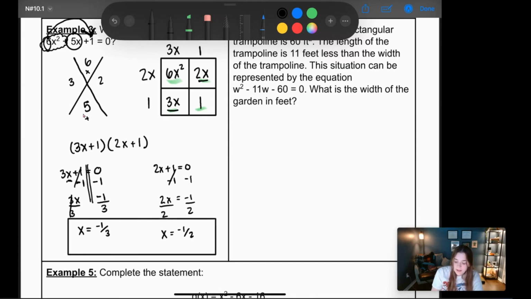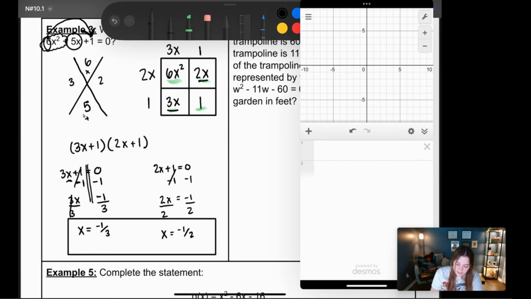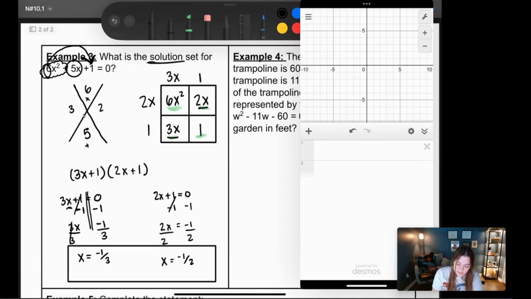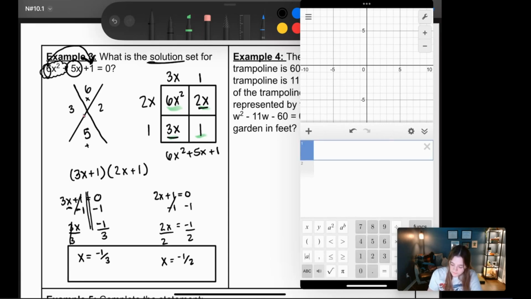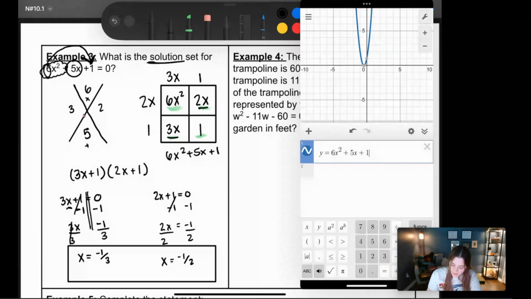Okay? And I can check that with my best friend Desmos, but it's a little bit different because this one says 6x squared plus 5x plus 1. It's a little different, but let's try it and see if it works. So we're going to say y equals, and we're going to put it in exactly how we see it, 6x squared plus 5x plus 1.